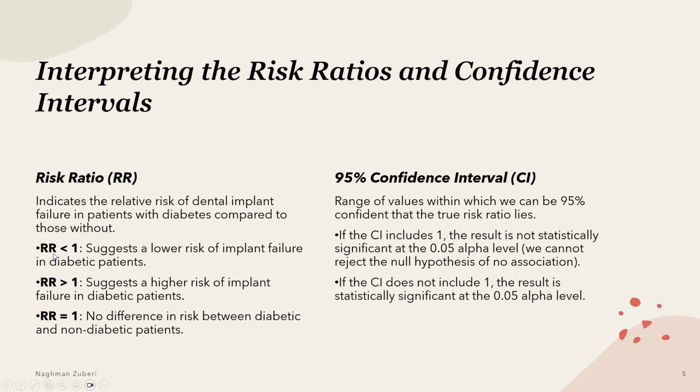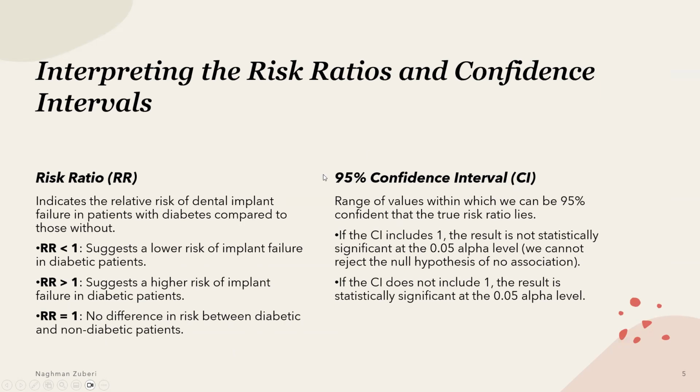A relative risk ratio less than 1 suggests a lower risk of implant failure in the diabetic patients. A relative risk more than 1 suggests a higher risk of implant failure in diabetic patients. But if the relative ratio is 1, there is no difference in the risk between diabetic and non-diabetic patients.